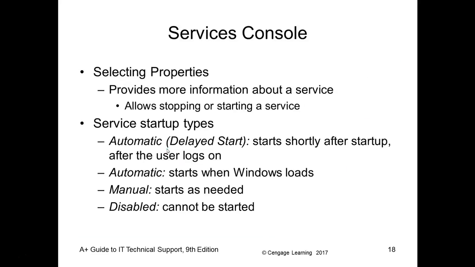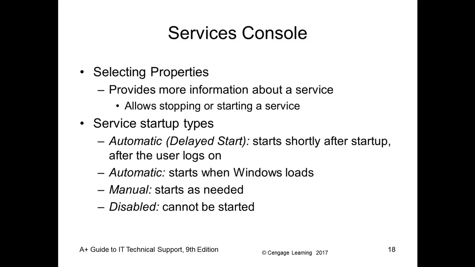But there's a couple things you need to keep in mind when you're looking at services. The different services that are listed are going to be either running on your system or disabled. They have a couple different startup types available. You've got automatic, delayed start, which can be used for troubleshooting. If you think a specific service is causing you issues, you can set it to automatic delayed start.